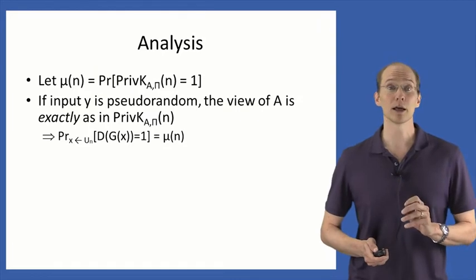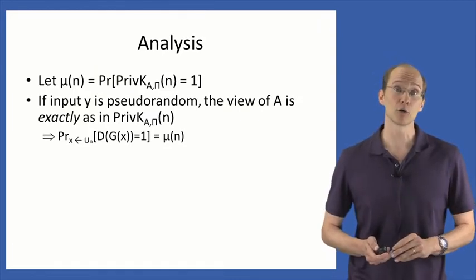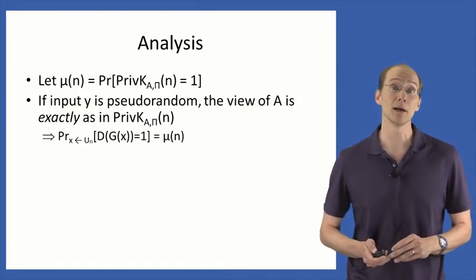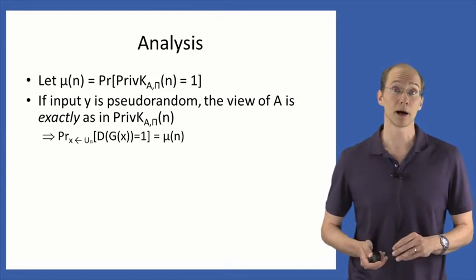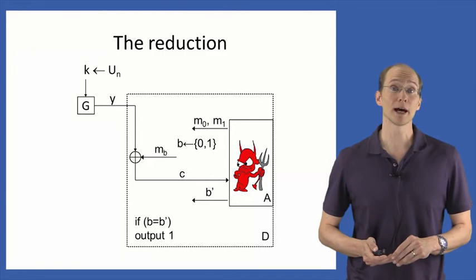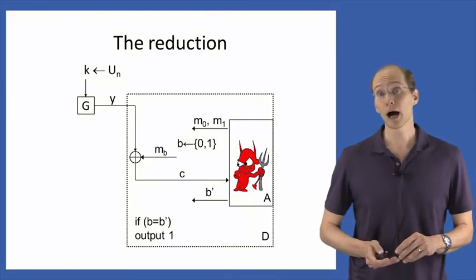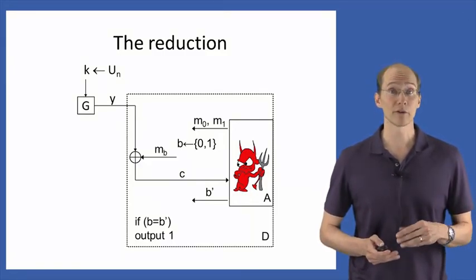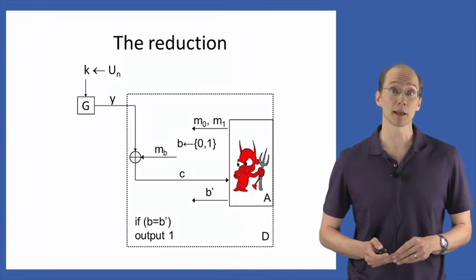So let's look at this claim that when the input y is pseudo-random, the view of A is exactly the same as in experiment priv_key A pi. Here's the picture, similar to what we had 2 slides ago, although now I've explicitly denoted the way that y is being sampled.